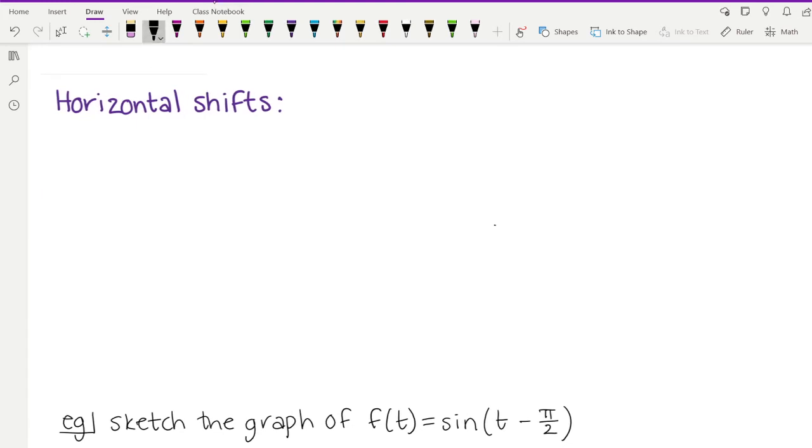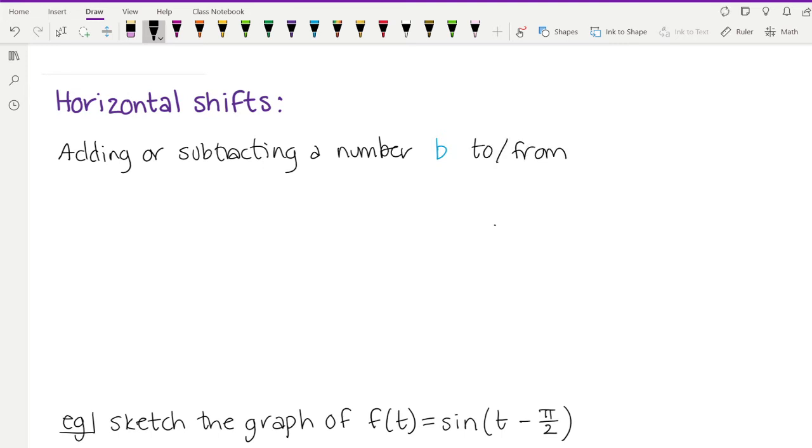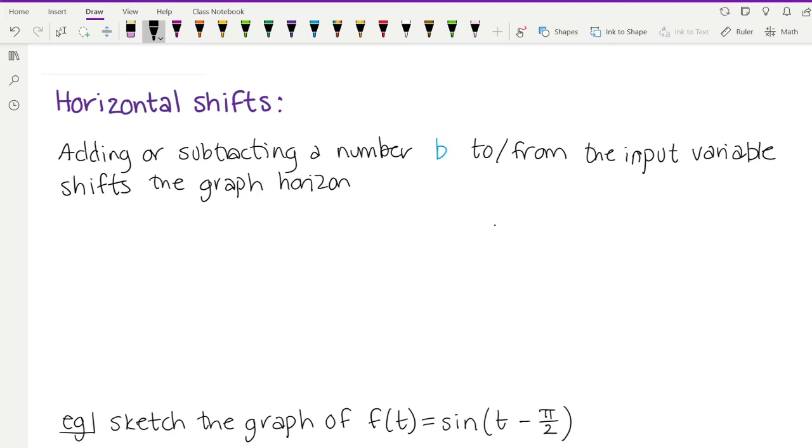So we saw some examples of this with non-trigonometric functions in the last video, but basically adding or subtracting a number, let's call it b, to, or I should say from, it depends on whether you're adding or subtracting, which word you'd use here, the input variable, is going to shift the graph horizontally by b.